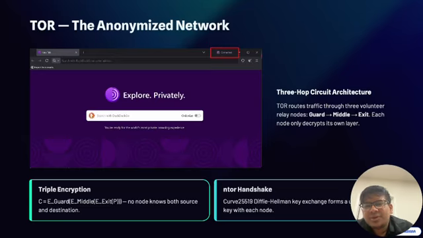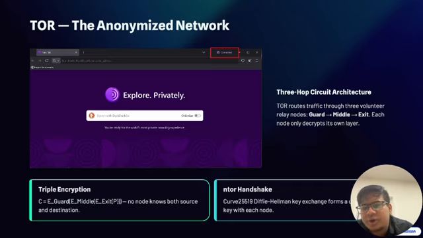Tor, the anonymous network. Tor, which stands for The Onion Router, is designed to provide anonymity. Instead of connecting directly to a website, Tor routes traffic through relay nodes known as the guard node, middle node, and exit node. Data is protected through layered encryption, often referred to as onion encryption.